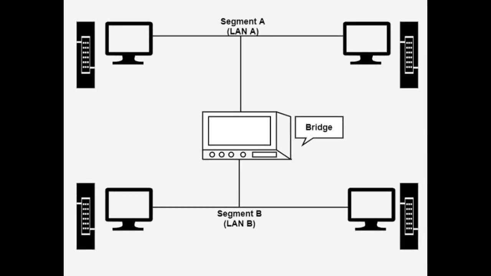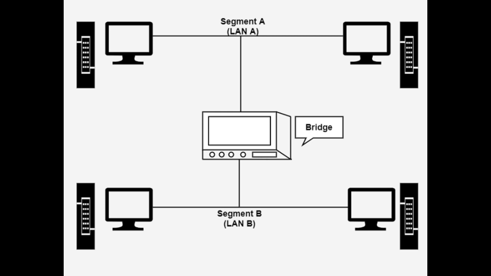A bridge only passes those packets addressed from a node in one network to another node in the other network. So how does a bridge help us to prevent network traffic? A bridge receives all packets or frames from both LAN segments A and B. A bridge builds a table of addresses from which it can identify which LAN the packets are sent from and to which LAN.